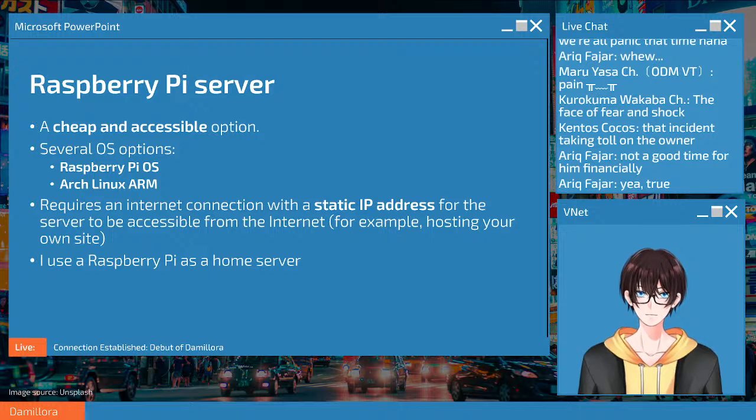And a Raspberry Pi is good for, for example, hosting your own simple services at home. But if you want it to be accessible from the wider internet, for example to host your own website or email server, you will need a static IP address.